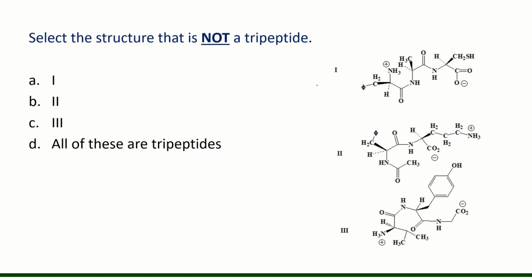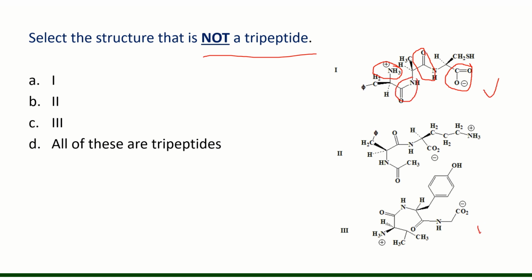Something like this you could simply ask, which is not a tripeptide, and you should realize by now that the right hand side has got the C terminus, and this left hand side has got the N terminus, and you have two amidic bonds here, two amides here and here, so that's a tripeptide.